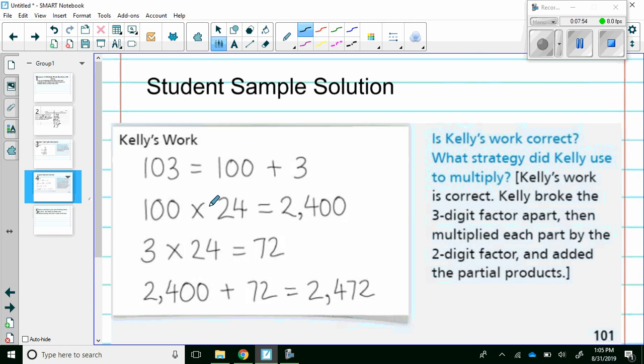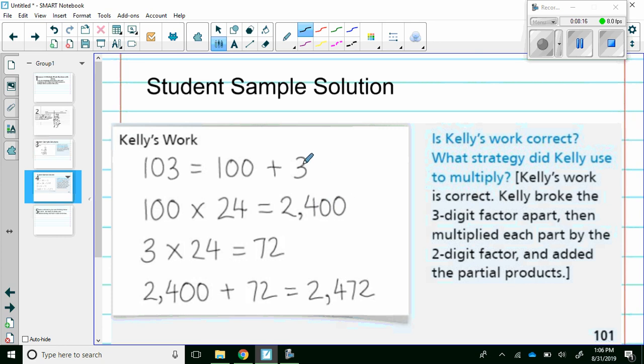Then she took the 100 from this answer, put it here, and then multiplied the first 100 times 24, because remember there's 24 desks in each room, to get 2,400 desks.